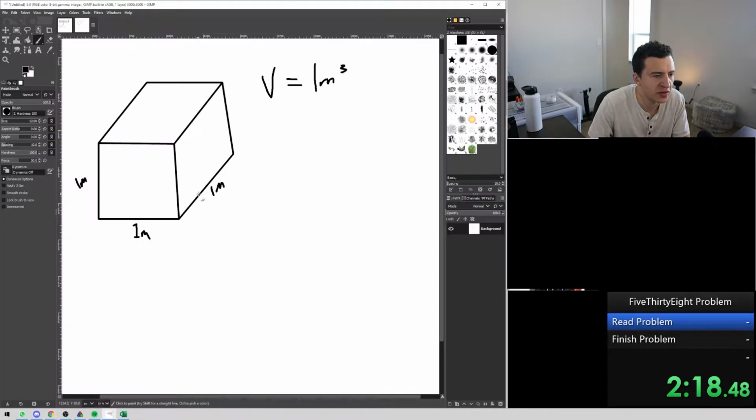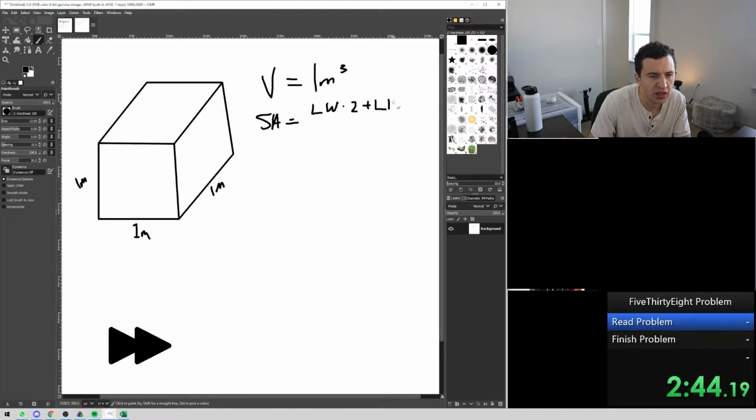And then the surface area for this particular one is this side times 2 plus this side times 2 plus this side times 2. And so that is how they got the 6, is that each of those is 2. So it's length times width times 2 plus length times height times 2 plus width times height times 2. And that equals 1 times 2 plus 1 times 2 plus 1 times 2.